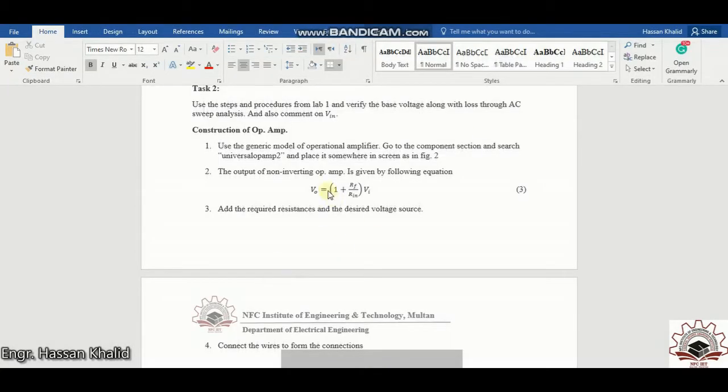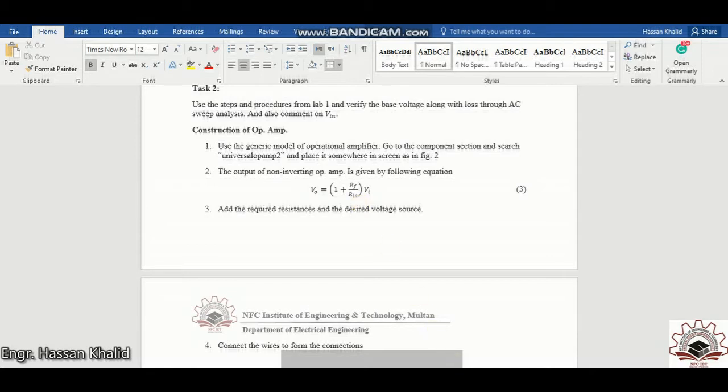Now if I use equation number 3, I need to calculate the output gain. What should be my output gain? By definition, the gain is the output voltage divided by the input voltage. If I move the input voltage to the denominator on the left-hand side, V out over V in will be equal to 1 plus RF over R in, which is the gain of my operational amplifier.